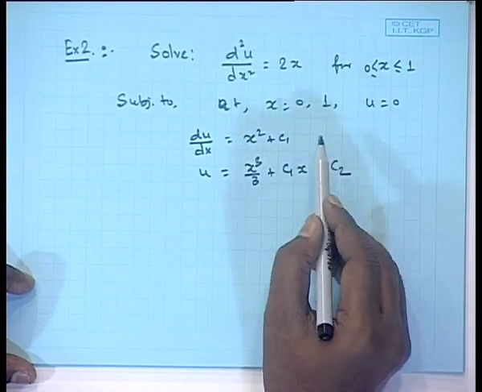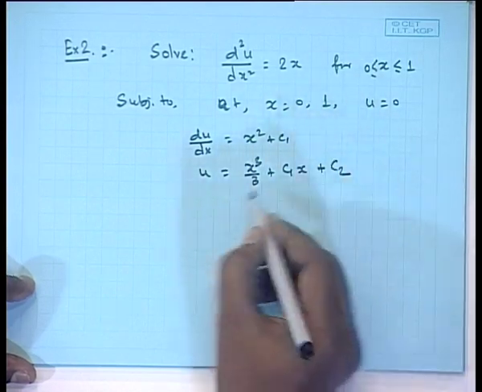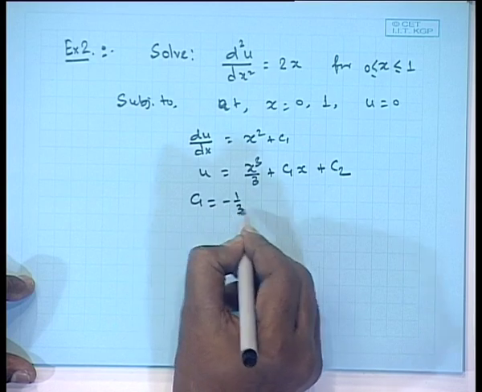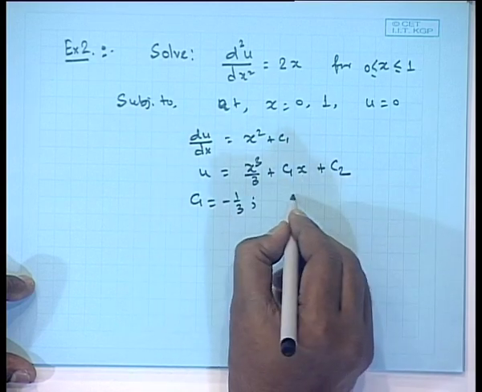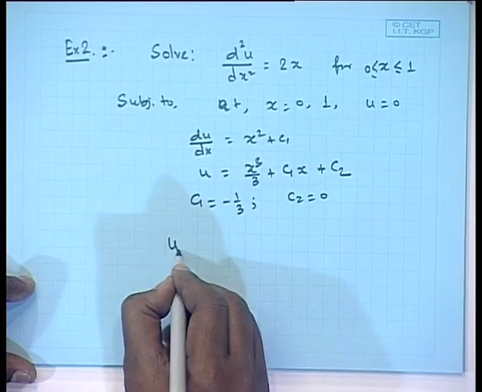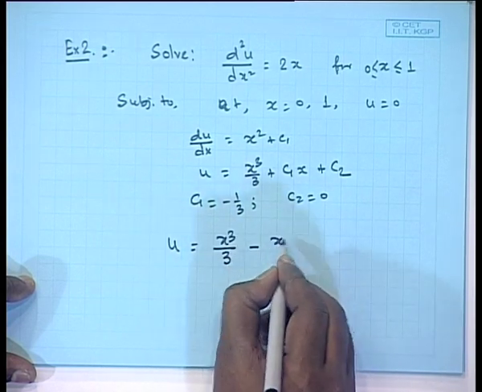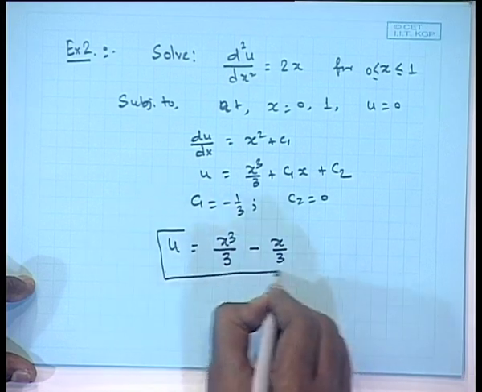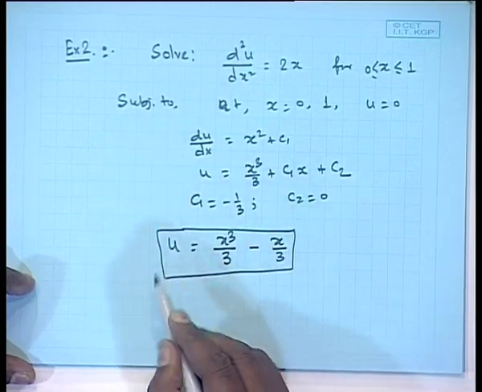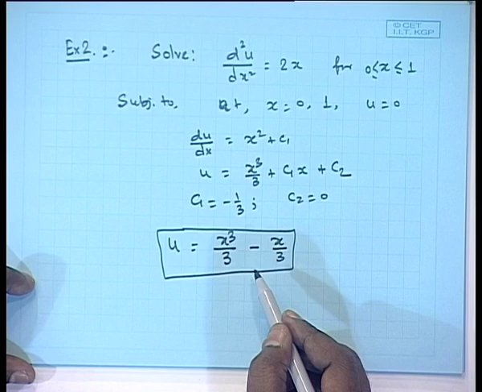Subject to these two boundary conditions, you will be getting c1 is equal to minus 1 upon 3 and c2 will be equal to 0. So, solution will be basically x cube by 3 minus x by 3. This will be the final solution that we are getting.